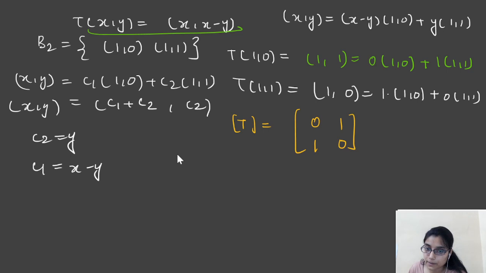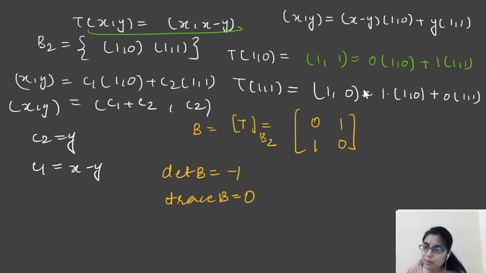Now you see one thing, suppose this was your B2 matrix B. Now you find out the determinant of B, what it is coming, -1. You find out the trace of this matrix B, what it is, 0. You find out the eigenvalues. इतना तो सबको ही पता होगा आइगन वैल्यूज हम कैसे निकालते हैं. तो दिस इज लैम्डा स्क्वायर -1 इक्वल टू 0.